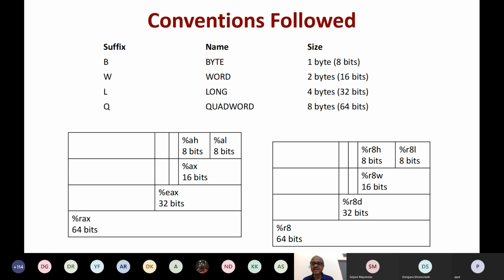If you write %r8w, lowest 16 bits. If you write %r8h and %r8l, this means the lowest 8 bits, the high order and low order. Okay. So like this, you can refer to different segments of your register, either the whole register, low order 32 bits, low order 16 bits, and so on, whatever you need. Okay.